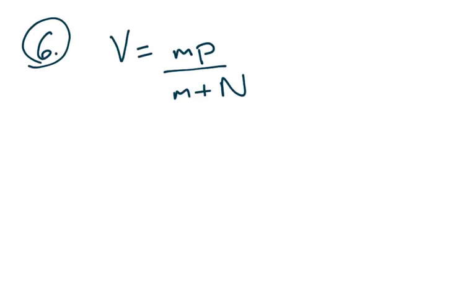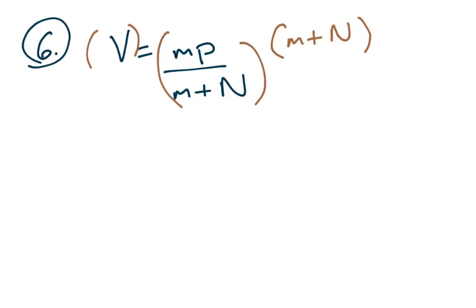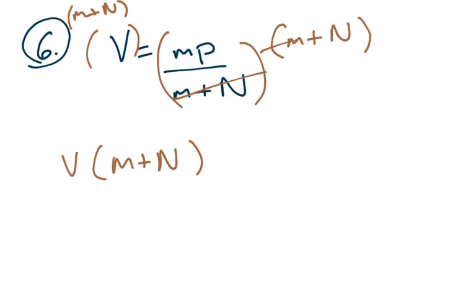Moving right along. This is trying to intimidate you by giving you letters instead of numbers, but the approach is still the same. So I sound like a broken record here, but I'm just going to multiply by m plus n on both sides, because that'll get rid of the m plus n there.